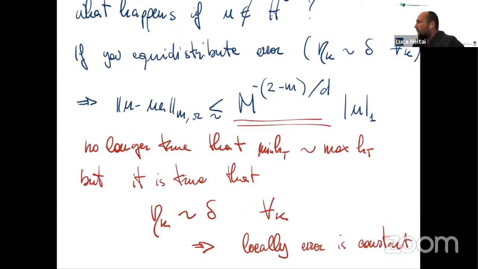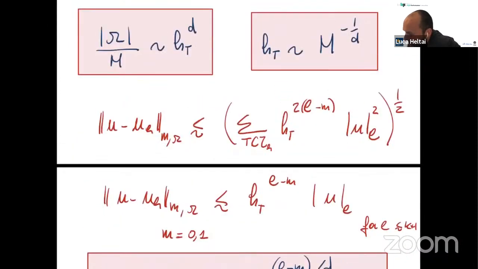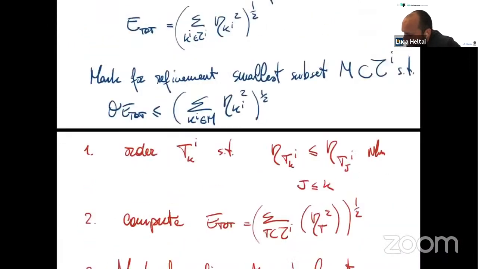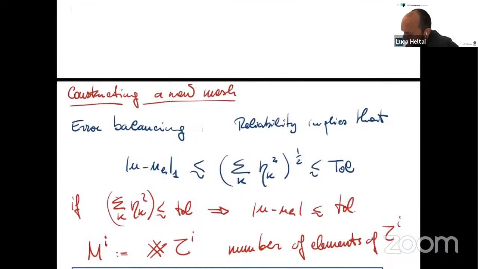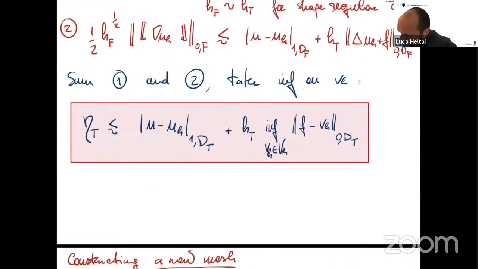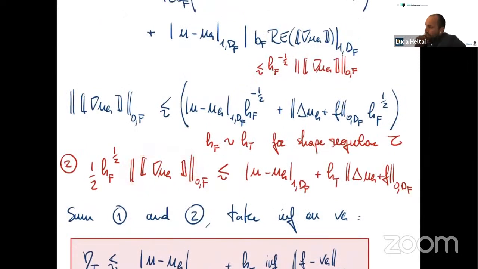And the estimator that you have for the local error contains terms which have inside the f and the residual in a certain sense. So the Laplacian of u_h minus f, which is this term over here, and the jumps of the gradients of u_h. Okay.